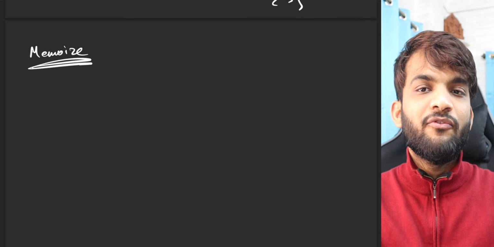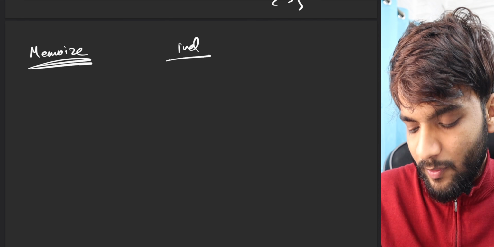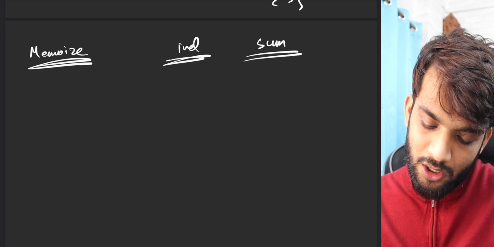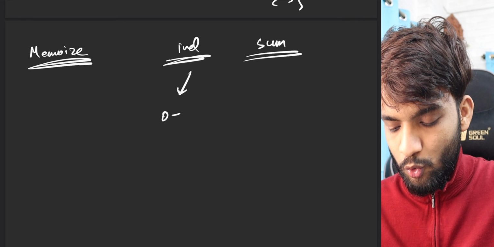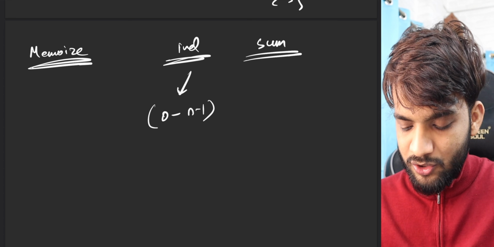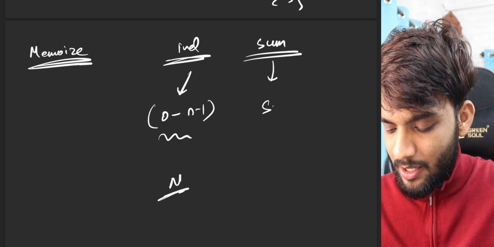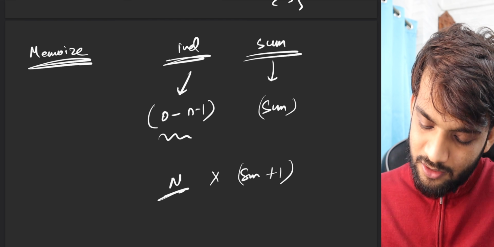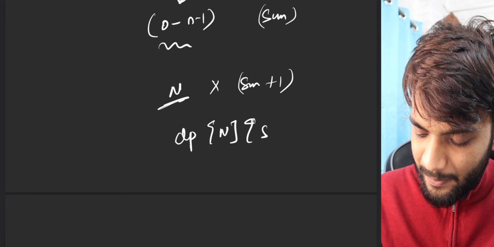So if I'm looking for memoization, you know there are two parameters. One is index, the another one is sum. For index, you make it from 0 to n minus 1, so you will be requiring an n size array. The sum is whatever sum is given to you, so you take one more size, sum plus 1. So this is going to be the dp of n, sum plus 1.